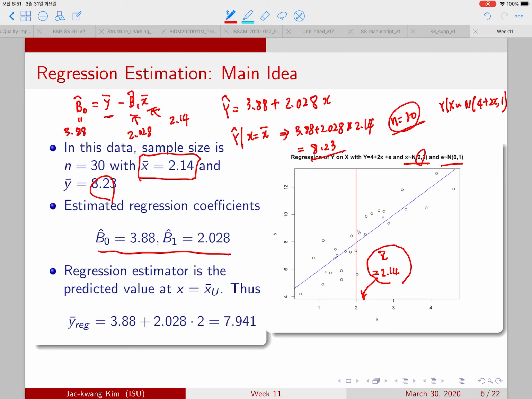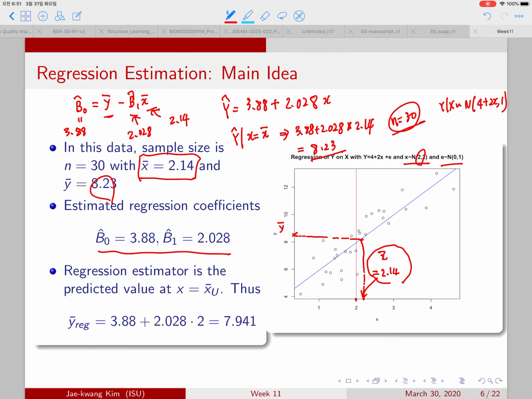If you plug that in, you have something like this, so that is y bar. The regression estimator is a prediction at the population mean of x.